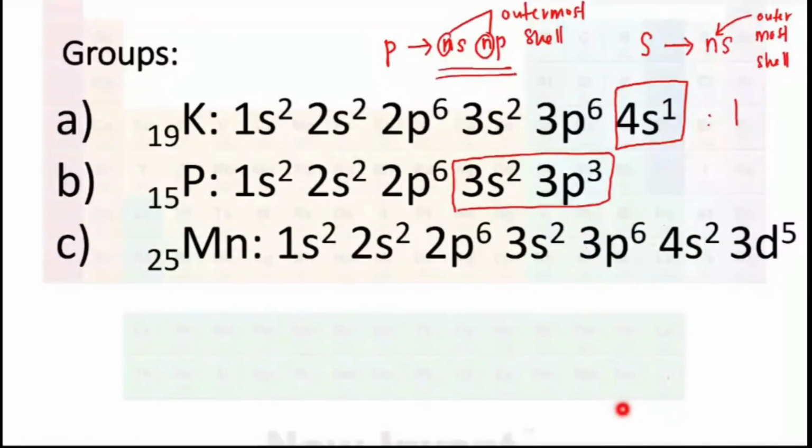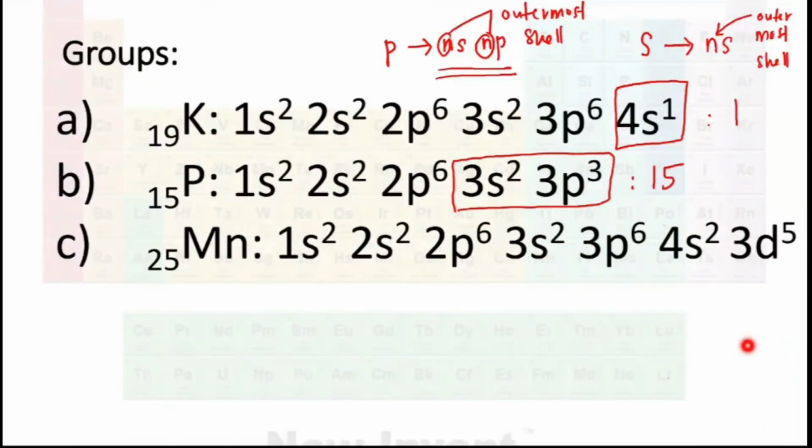So the total number of valence electrons here is 5. So the group number is Group 15, because for the p block we need to add 10 to the number of valence electrons to determine the group number.